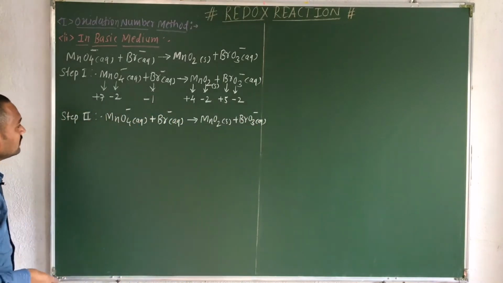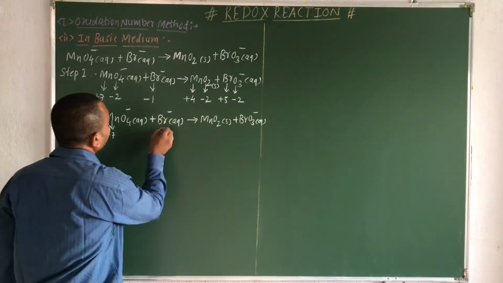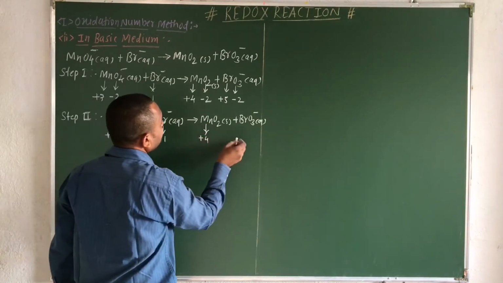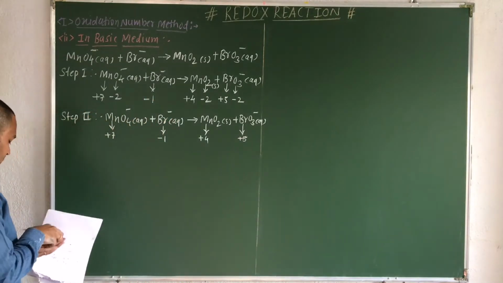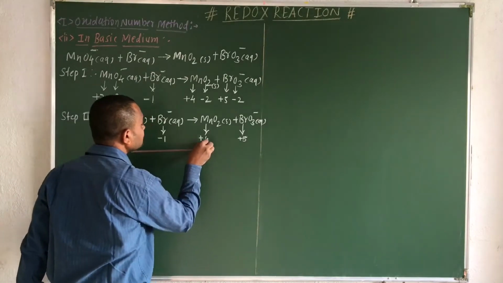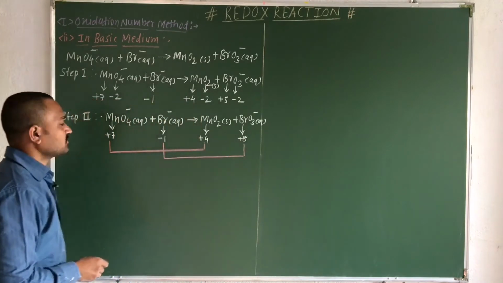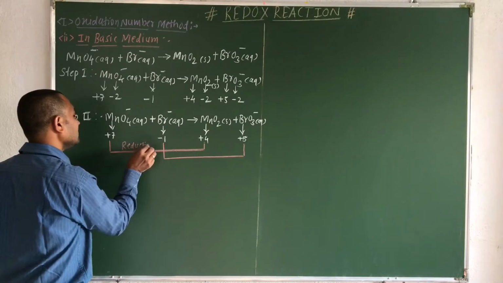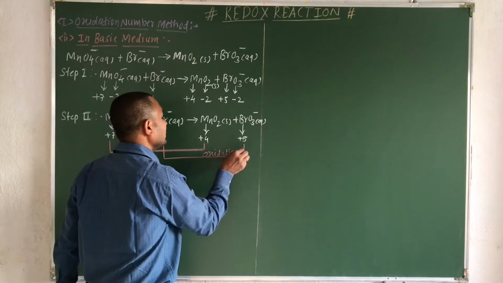Here the oxidation numbers are plus 7 and minus 1 on the left, and plus 4 and plus 5 on the right. We connect the oxidation and reduction processes: plus 7 to plus 4 is this process, and minus 1 to plus 5 is this process. So obviously this is your reduction reaction, and this is your oxidation reaction.